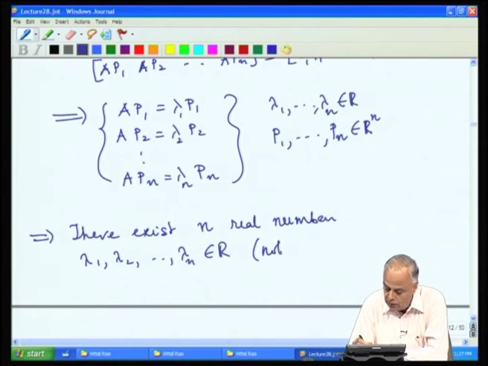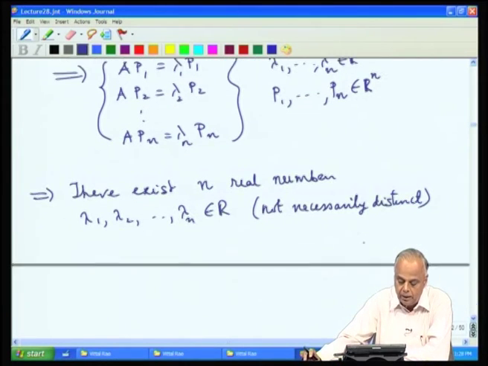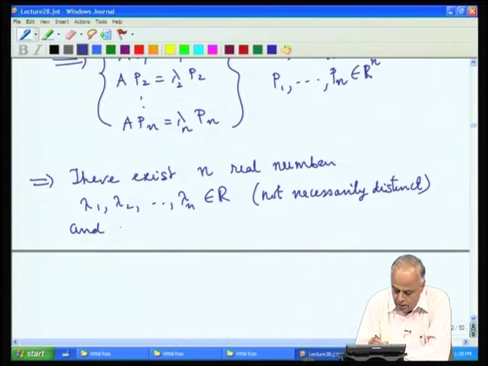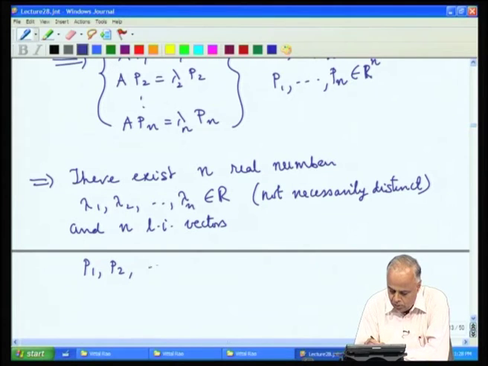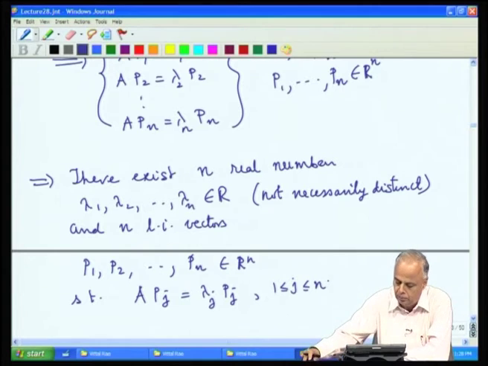So, these need not be necessarily distinct. They may be different numbers or some numbers may be repeating, it does not matter, they are all real numbers, and n linearly independent vectors p 1, p 2, p n in R n such that A p j equal to lambda j p j, 1 less than or equal to j less than or equal to n.